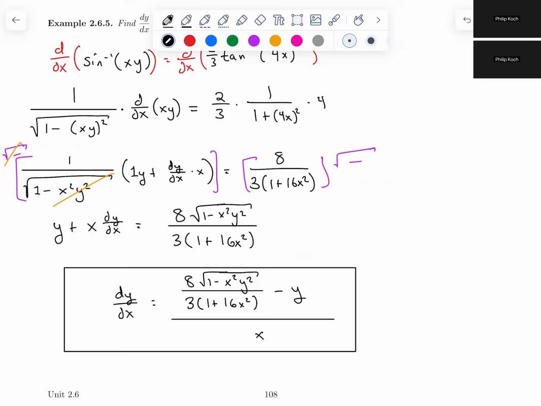I decided to distribute that square root into it, and then divide by the x over the square root of 1 minus x squared y squared. But both ways are completely valid. Any questions on that? So if you want to do it this way, it's fine. But this way was, in my opinion, faster.